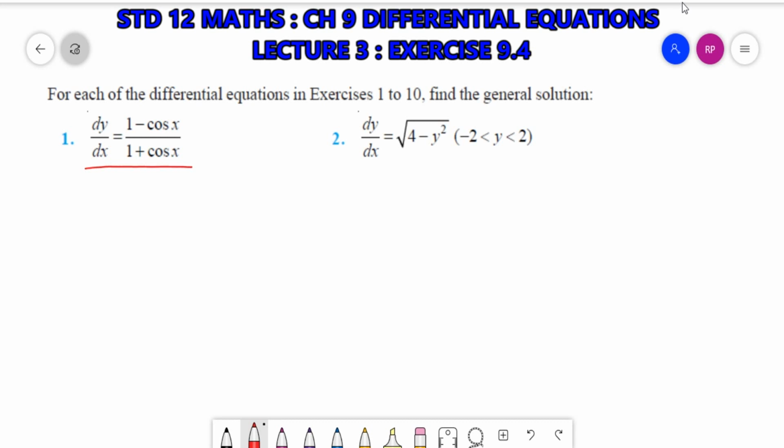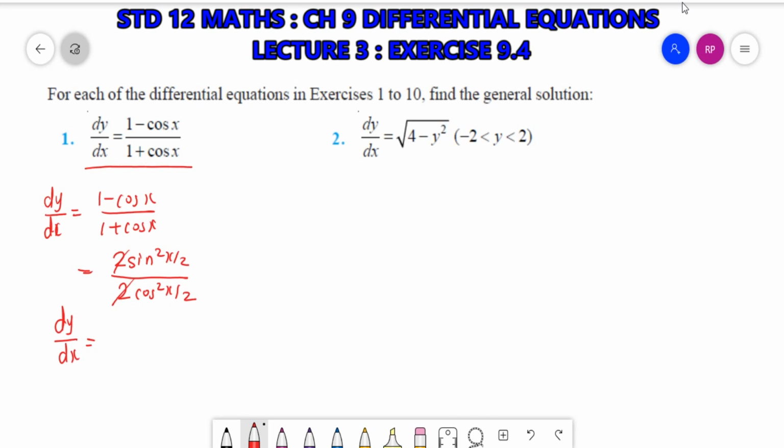Now 1 minus cos x, I can write as 2 sin square x by 2, and 1 plus cos x, I can write as 2 cos square x by 2. So 2 will get cancelled. dy by dx will be equal to tan square x by 2.